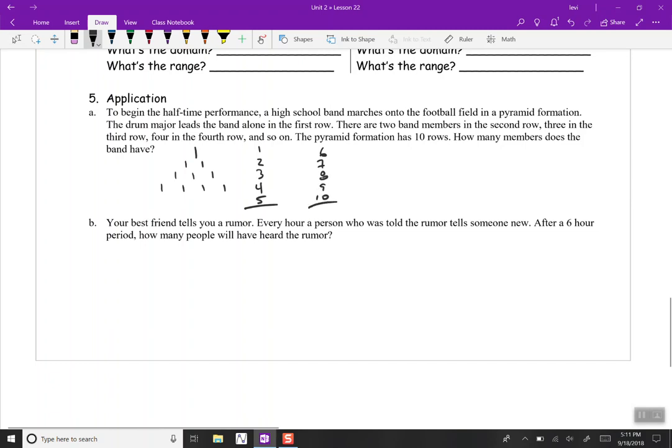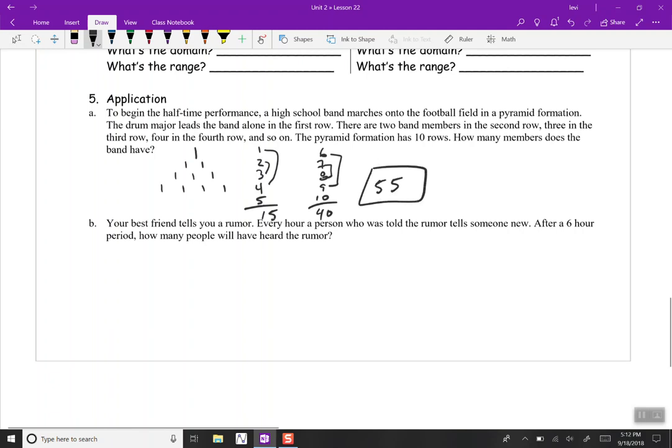We're just going to add up all that. So 4 and 5 make 9... so that's, what is that? 5 and 10 make 15 here. And 6 and 9 make 15. 7 and 8 make 15. So that's 30, 40. So that's 55. 55 people.